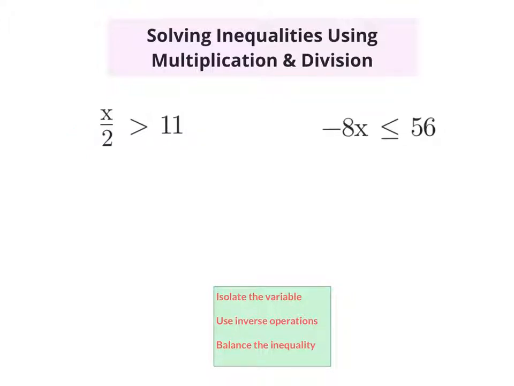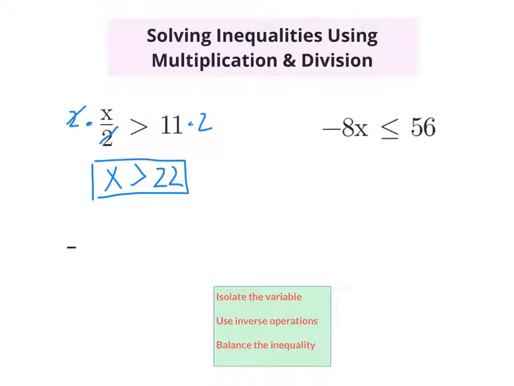So I'm going to multiply both sides of my inequality by 2 so that I'm balanced. My 2's on the side of the inequality with the variable cancel out and leave me with x. My greater than symbol comes down, and 11 times 2 is 22. So my solution is x is greater than 22.